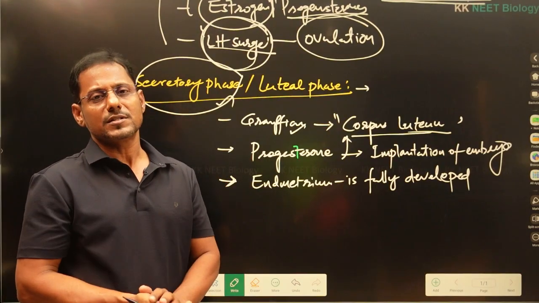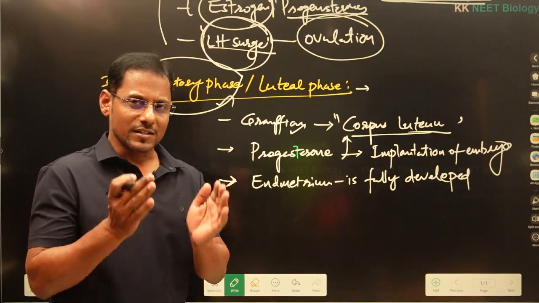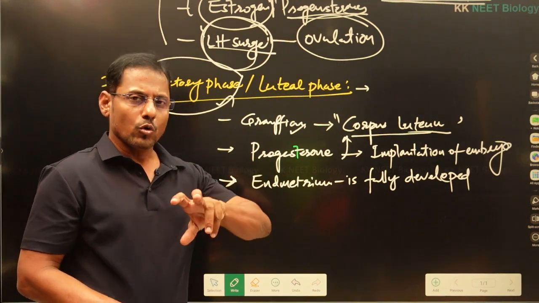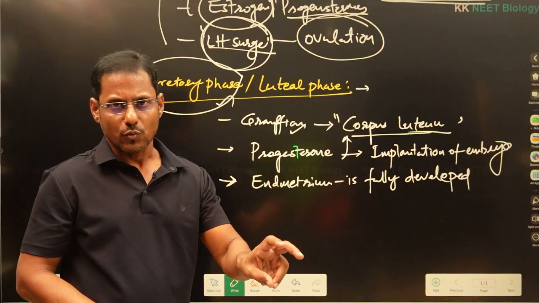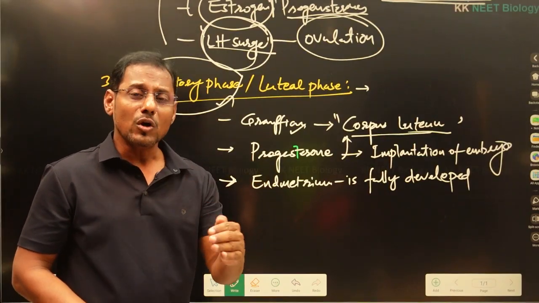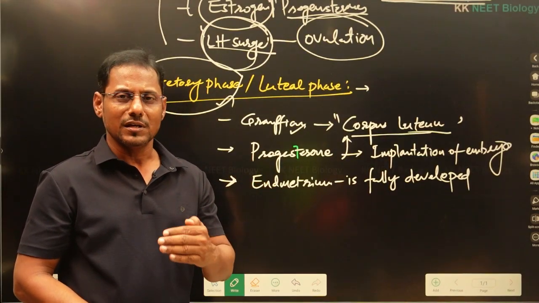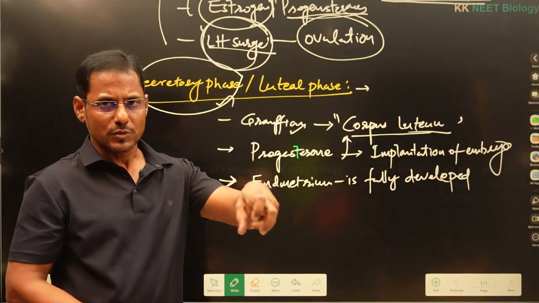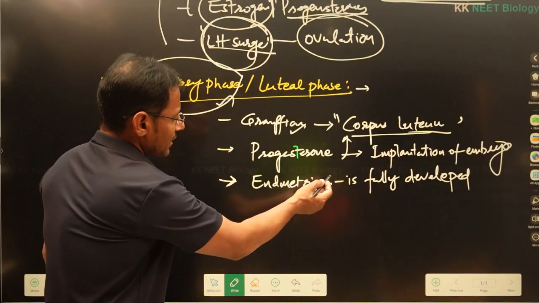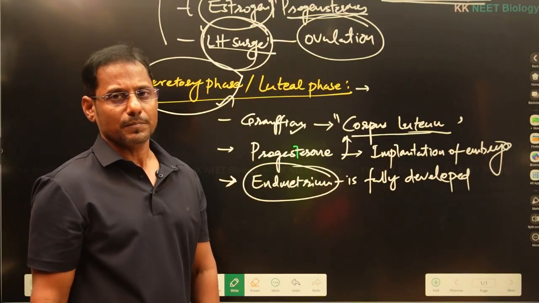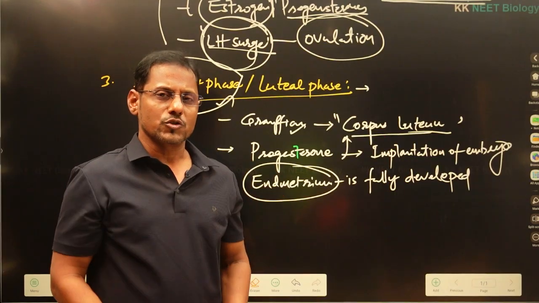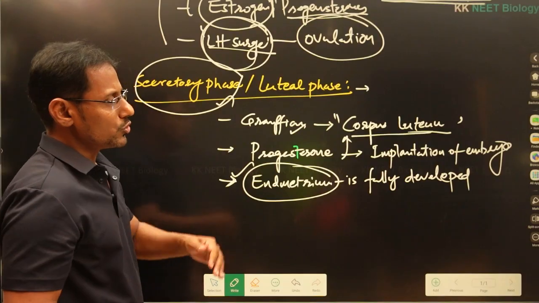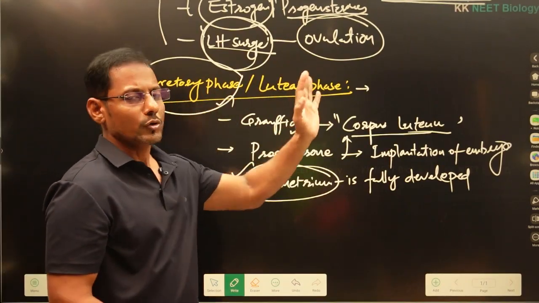If the egg is fertilized, and the zygote is formed and is going to be attached to the uterus walls, then after attaching to the uterus walls, the embryo has to be supplied oxygen as well as nutrients. That's why the endometrium is going to fully develop, to provide nutrients and oxygen to the upcoming embryo. So the endometrium develops fully in the secretory phase or luteal phase.